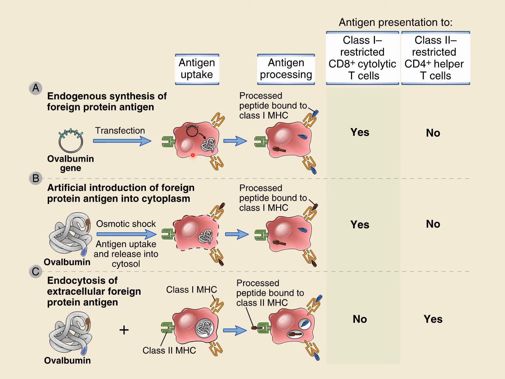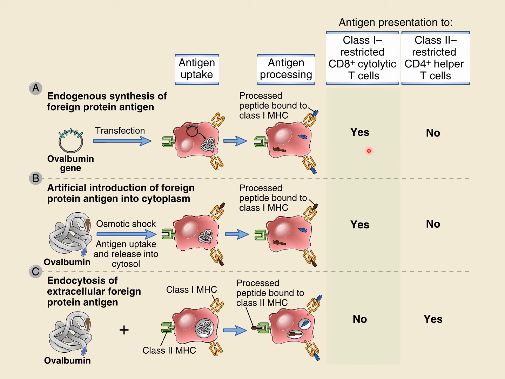So this antigen would be endogenous in nature and would result in display of MHC class 1 molecules carrying the peptide of the endogenous antigen. These peptides will only be recognized by CD8 T cells or cytotoxic T cells, because they are displayed by class 1 molecules. So cytotoxic T cells would be activated and T helper cells will not be activated.